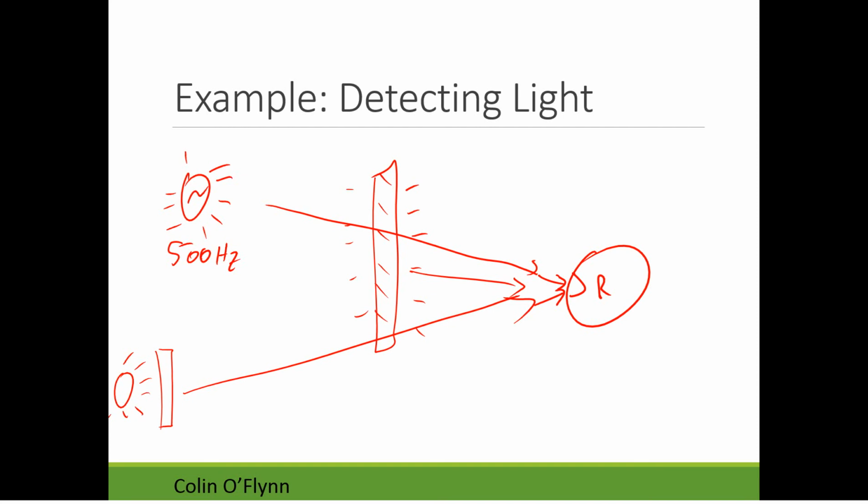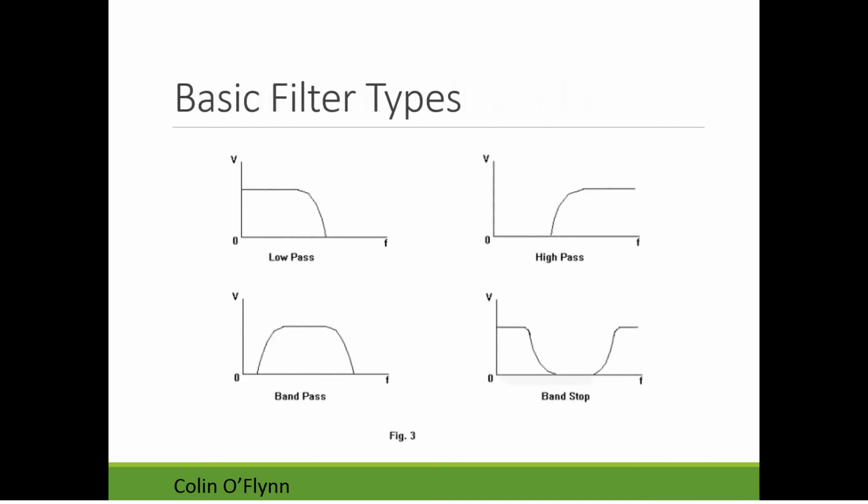In this case, there are a few possible solutions in terms of what type of filter to use, and I'll introduce the filter types first. Generally, we have what's known as a low-pass filter. You can consider this axis the gain, the output voltage. Below some frequency, the filter is more or less trying to pass everything.